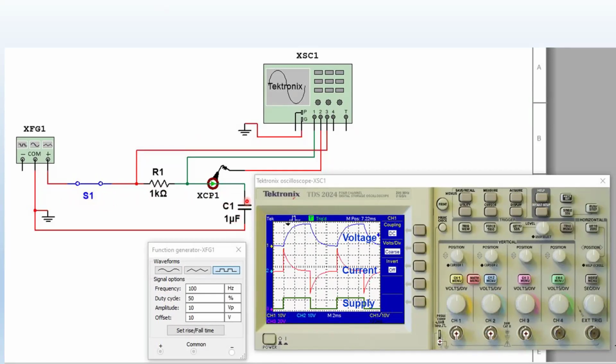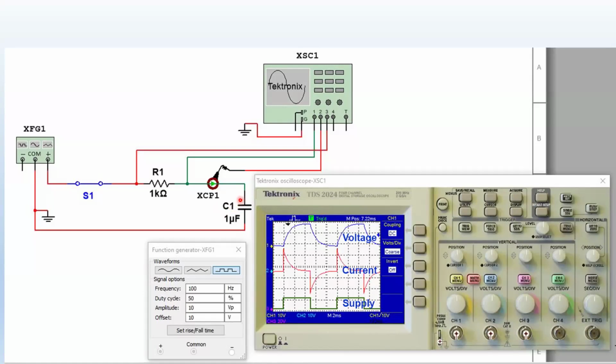So in the beginning, it's going to look like a short, just as if there was a piece of wire. But after a while, when the capacitor gets charged closer to its full capacity, it's going to draw less and less current until, when it completely charges, it's going to stop drawing current.